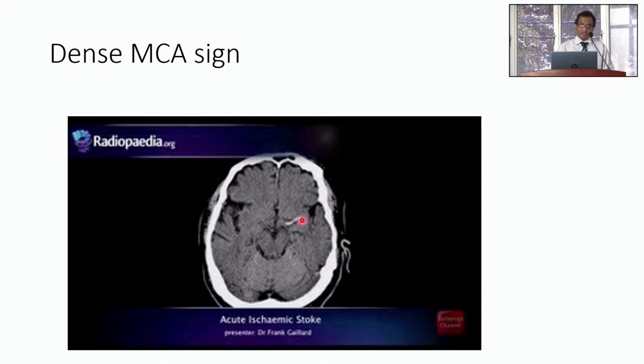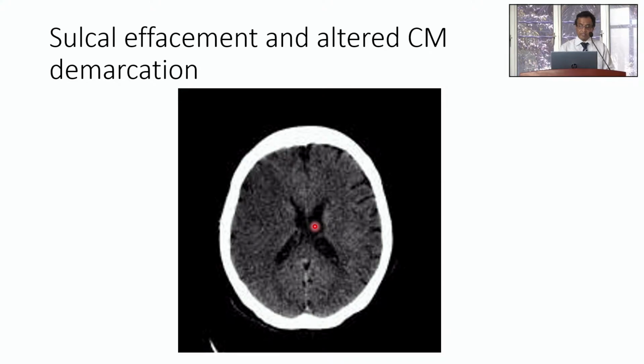This is due to thrombosis of the middle cerebral artery. We nicely see it as a left MCA sign, the dense MCA sign. In this patient, we can see sulcal effacement and altered corticomedullary demarcation in the right parietal region, that is the MCA territory. This is due to an acute stroke of the right middle cerebral artery territory.